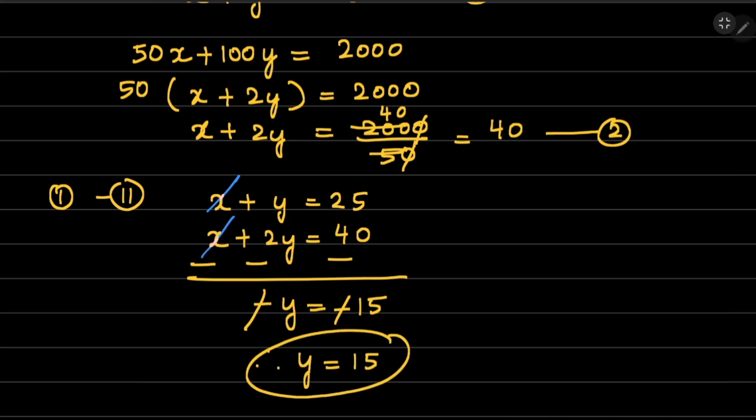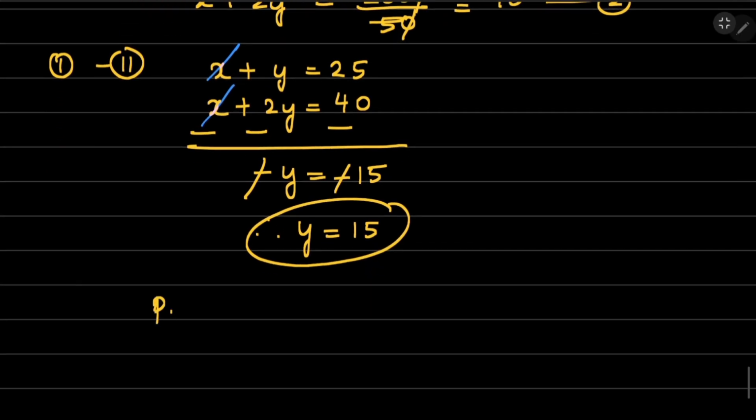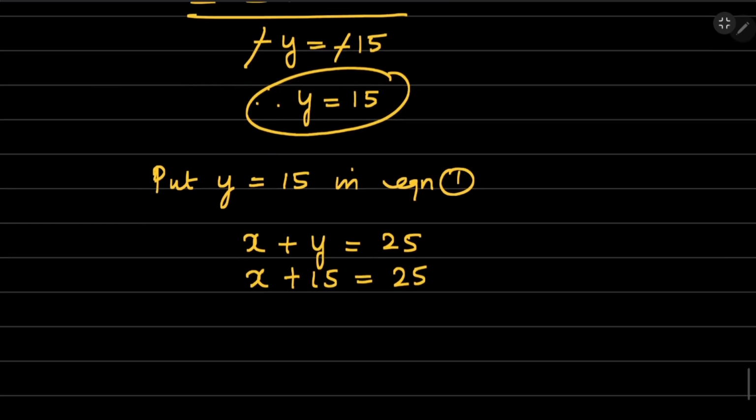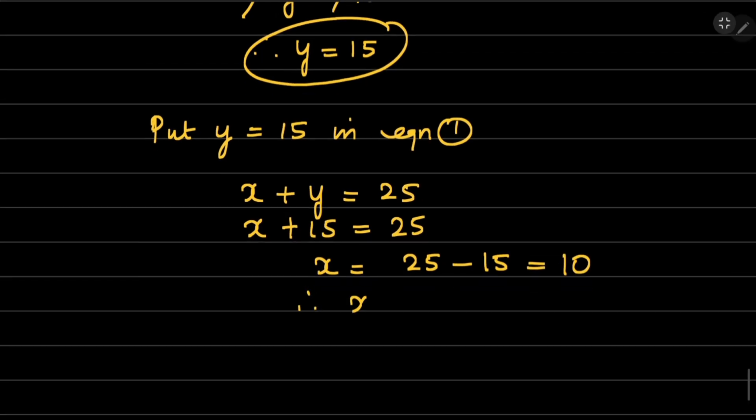What is y? Y is the number of 100 rupee notes. Now you can put it in any one of the equations. So put Y equal to 15 in equation 1. What is your equation 1? X plus Y is equal to 25. So X plus 15 equal to 25, and X is equal to 25 minus 15, which is 10. Therefore X is equal to 10.